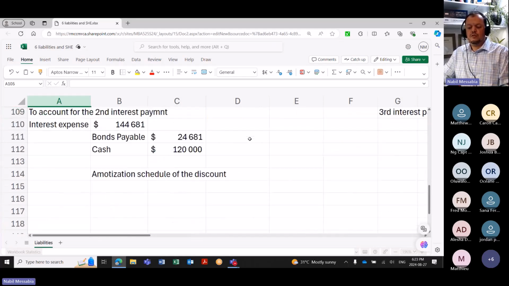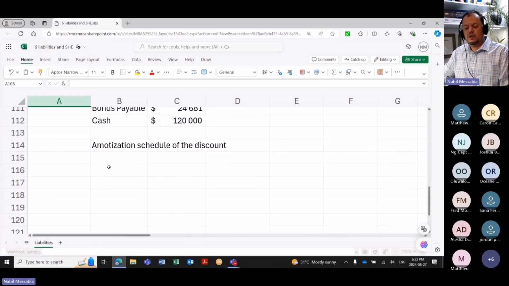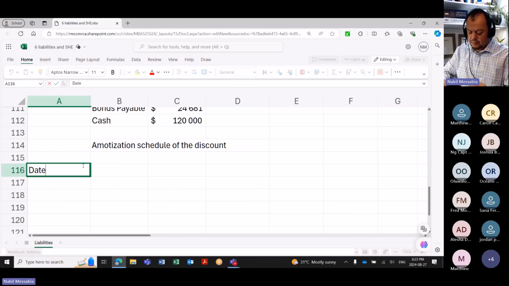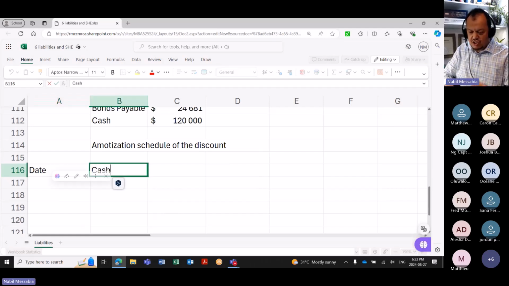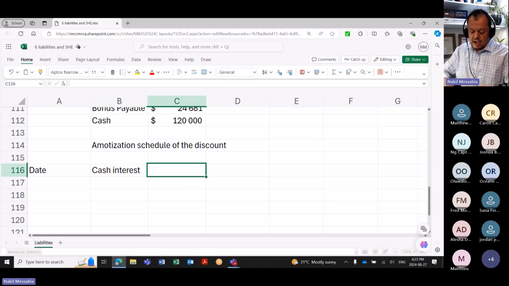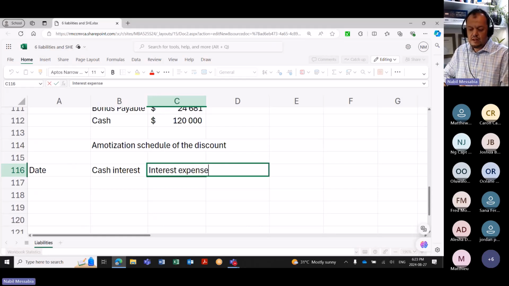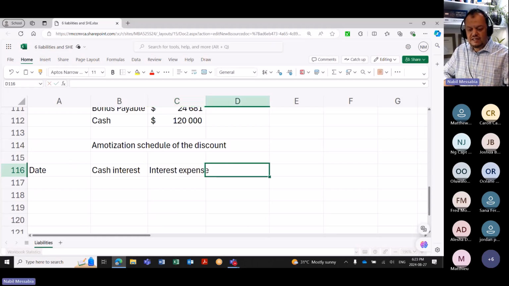To prepare the amortization schedule, what do I need? I need the dates. I need a column for the cash interest. I need a column for the interest expense. I need a column for the amortization of the discount.